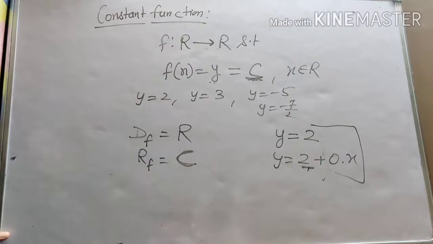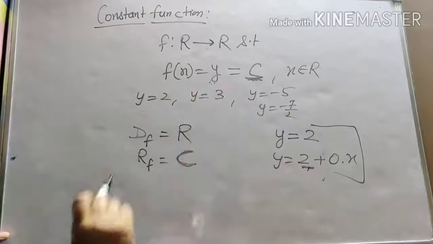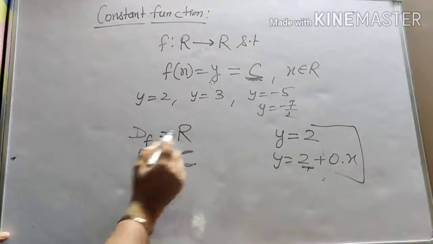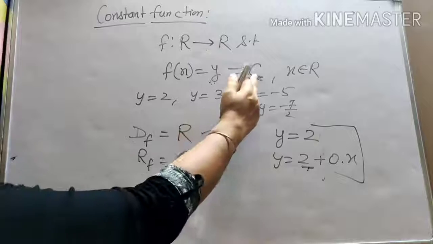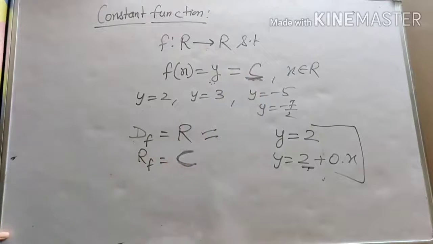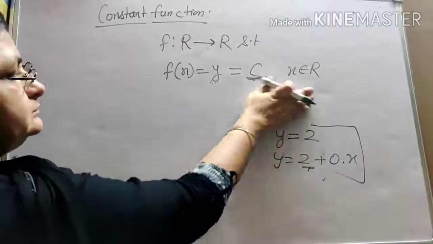It can be 2, 3 according to the question. So in general, for a constant function, the domain is always all real numbers and the range of the function is that constant term.